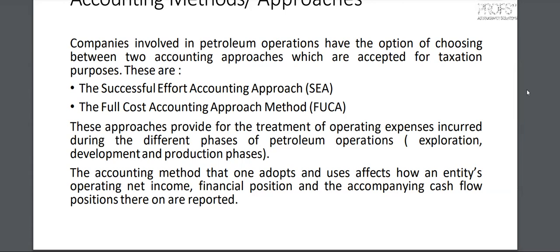So it connotes that there should be a commercial discovery. Such a method is a school of thought that goes like, okay, we are in this sector to make profit. It's a business. So if any effort does not lead to a successful discovery, then we would rather expense it than capitalize it.